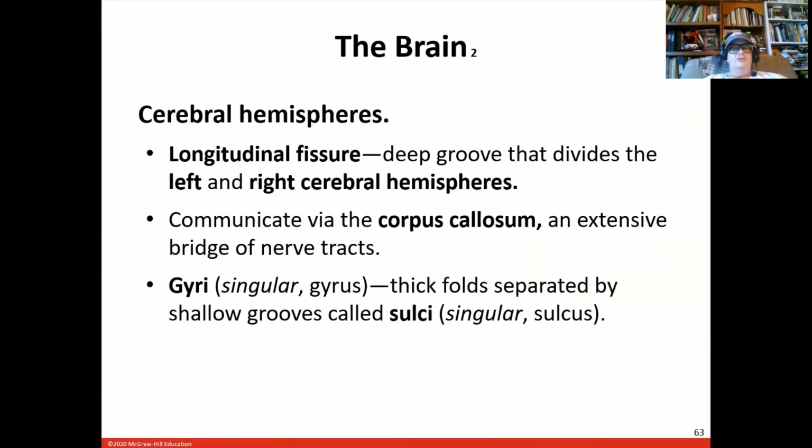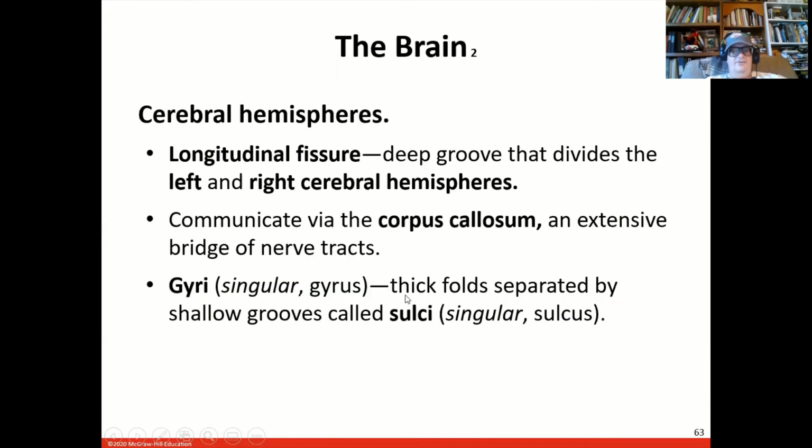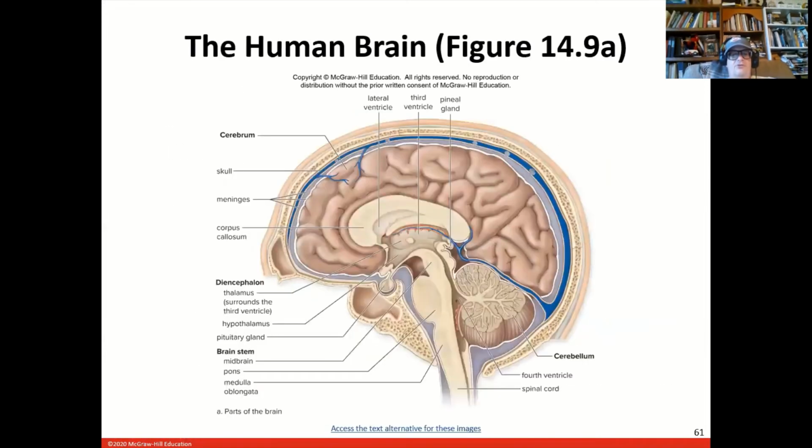All right, so the longitudinal fissure is the deep one right here that divides the left and the right hemispheres. And they are connected through the corpus callosum. That's this area right here, which I've heard some people describe as looking like a chicken.